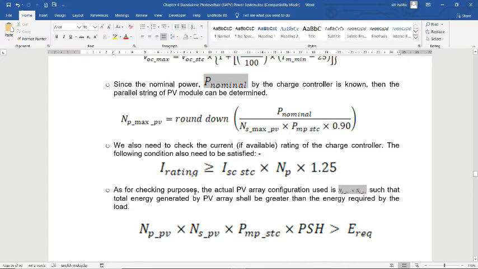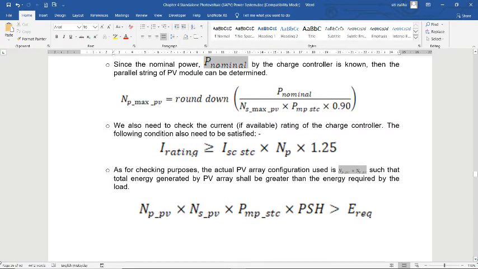As for checking purposes, the actual PV array configuration is used, NPPV by NSPV, such that total energy generated by PV array shall be greater than the energy required by the load. So to check, you need to check when you choose number of parallel string and number of PV module in series per string.